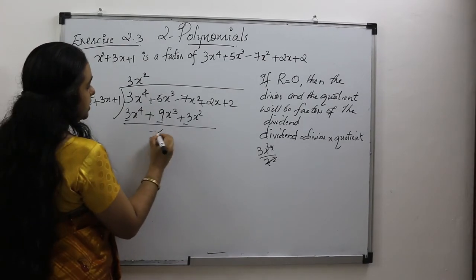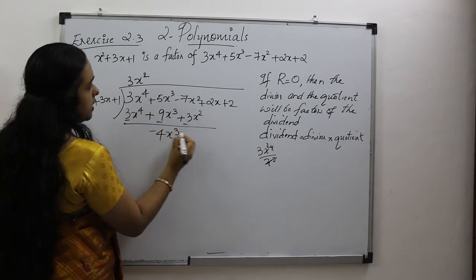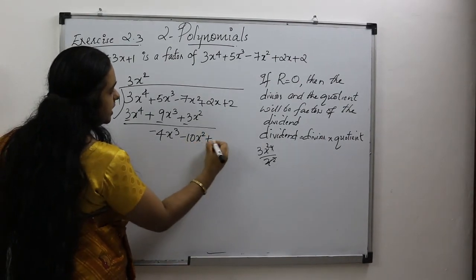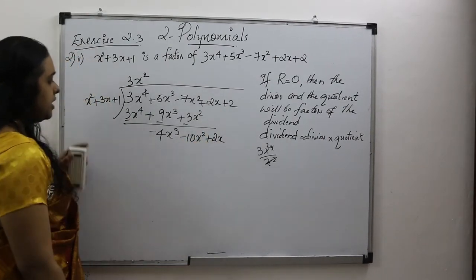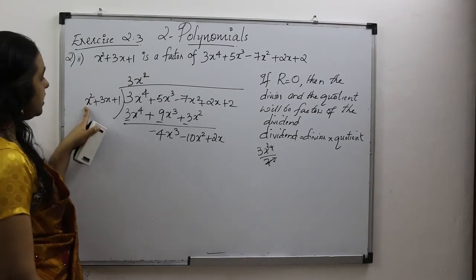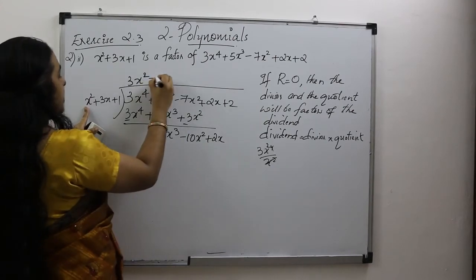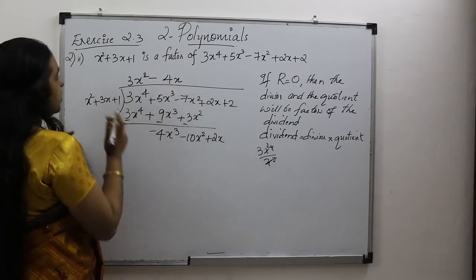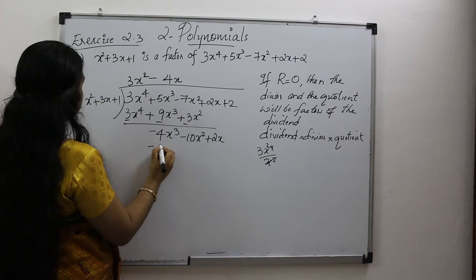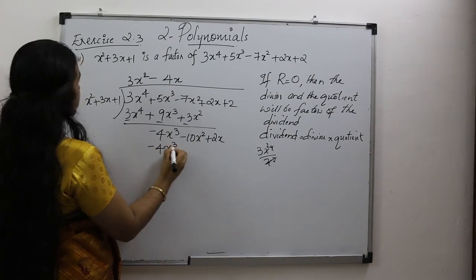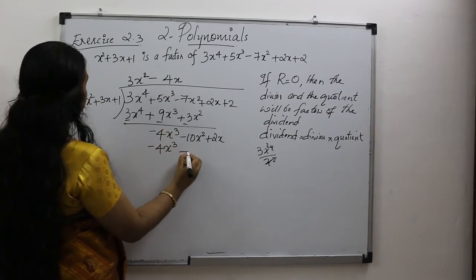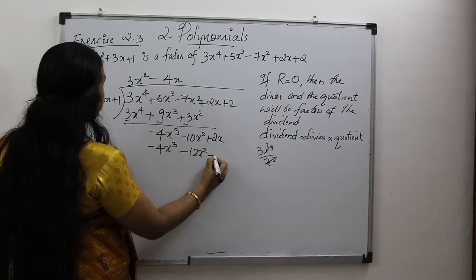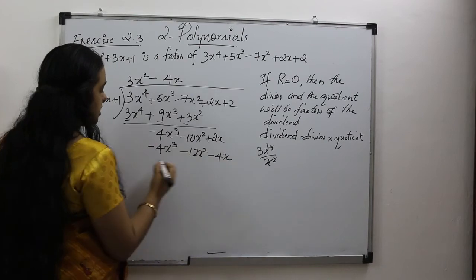This will become minus 4x cube, minus 10x square plus 2x. Minus 4x cube divided by x square will become minus 4x. Minus 4x into x square is minus 4x cube, minus 12x square, minus 4x.